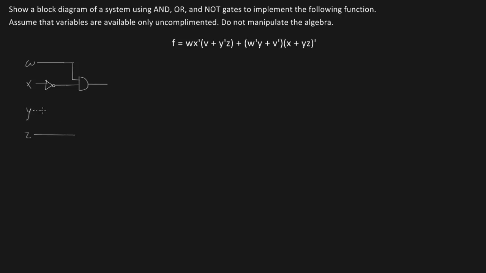So we're going to have another NOT gate here. That went a lot better than the last one. Okay, so we have this down, and now we have to OR it with the V. So let's put a V here.